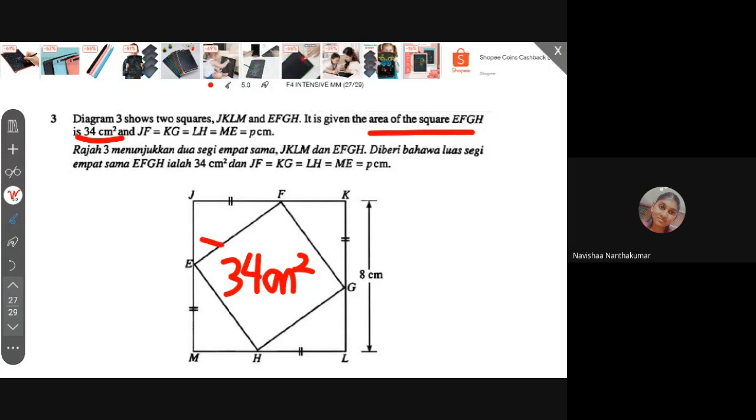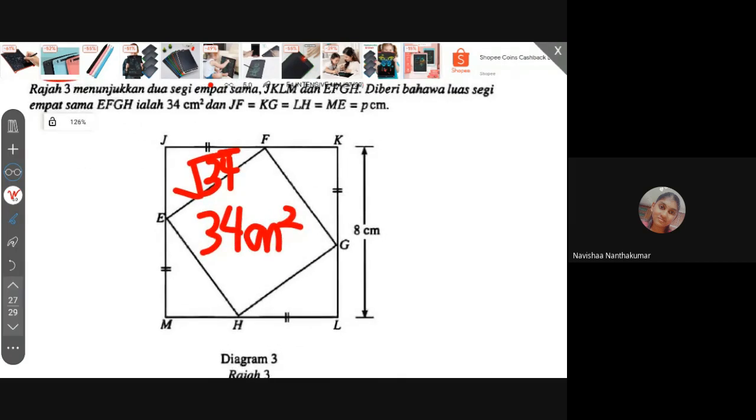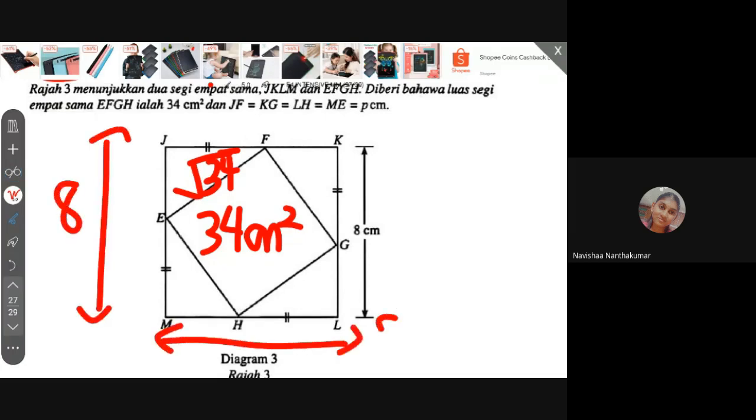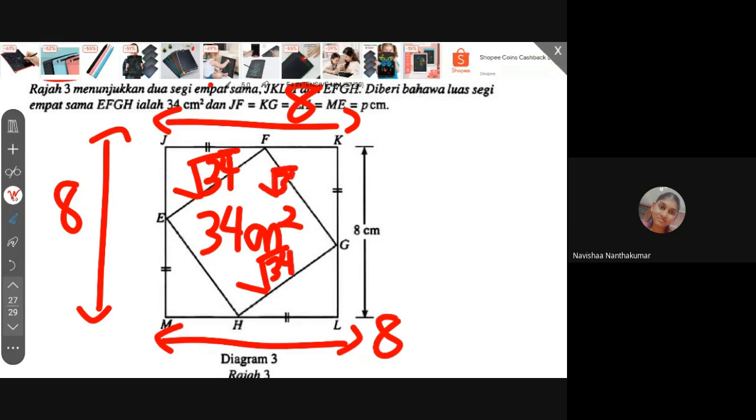Boleh tinggal dalam surd 34 sebab lebih tepat nilai dia. You can leave it in surd form because the value is more accurate. Okay? So, other than that, yang ni semua 8 sebab yang ni juga adalah segi 4 sama. This is a square, so all of this is 8. Semua panjang ni. Yang ni pun semua panjang surd 34 sebab juga adalah sisi segi 4 sama.